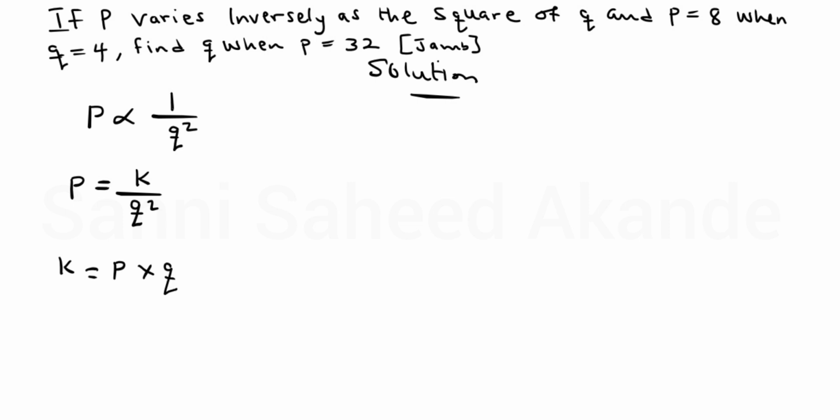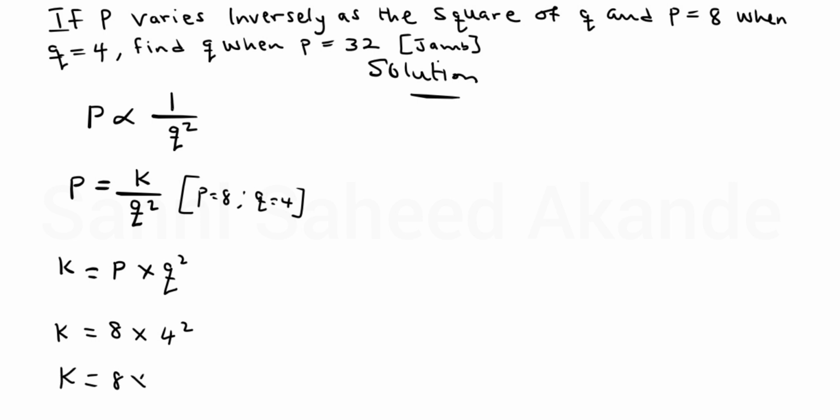From the question, we're given that p is equal to 8 and q is equal to 4. We are going to substitute that into this. Then we have k is equal to 8 times 4 squared.